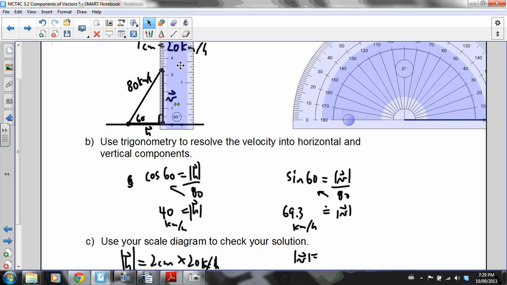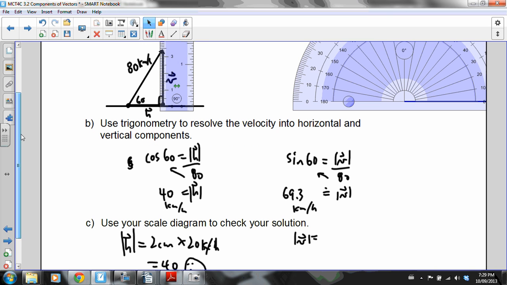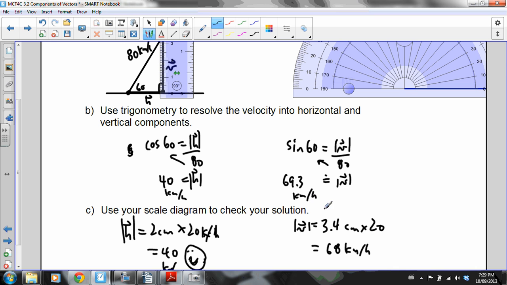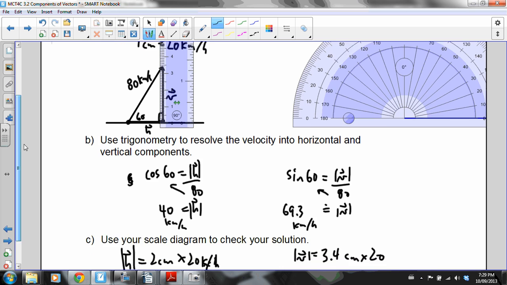If I stop wiggling my ruler, it looks like about 3.5, maybe 3.4 centimeters. But each centimeter is 20, so that makes, what's that? That's 68 kilometers per hour. And we weren't bang on, but it's pretty good. Notice that if these were way off, I'd be wondering about what I did wrong. Okay?